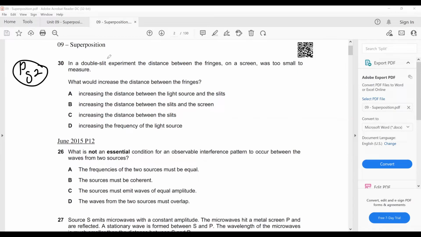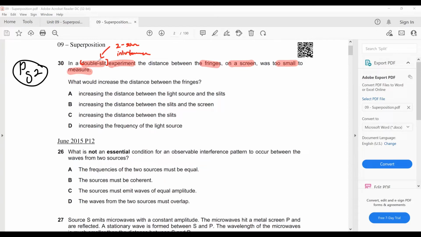Under page 2 of your worksheet, they tell you in a double slit experiment, the distance between the fringes on the screen was too small to measure. Okay, when you hear mention of double slit experiment, this is already two source interference.